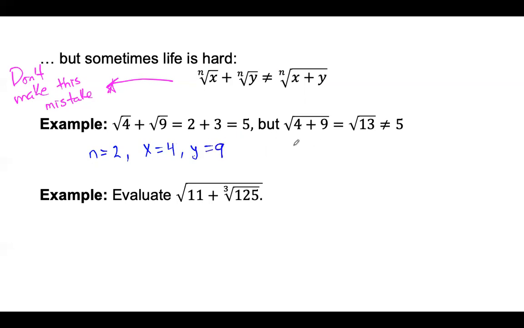We can take the square root of 4 and the square root of 9, and we would get 5. But if we take the square root of 4 plus 9, that's equal to the square root of 13, which isn't 5.